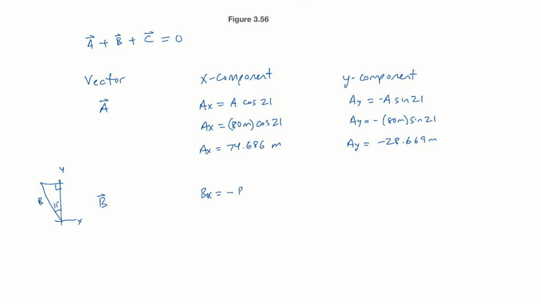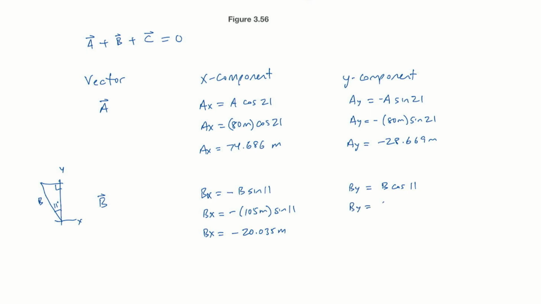It's going to be minus B sine 11. So BX is minus 105 meters times the sine of 11 degrees. So BX is minus 20.035 meters.